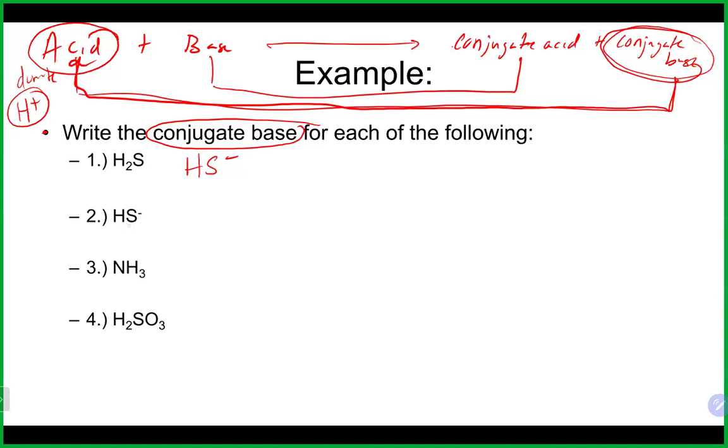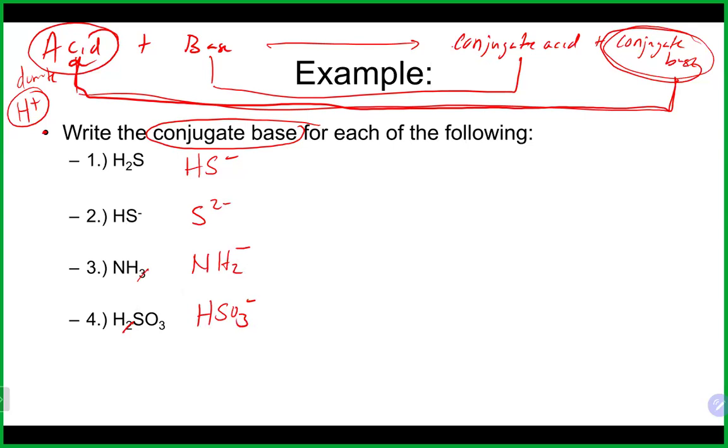Here we're going to lose an H, which leaves us an S, and we do become one more positive, not one more negative, which would then bring us to S2 minus. Here we're going to lose an H. That leaves us two H's still there. And again, it was neutral, so we'll become one more negative. And lastly, here we'll lose one of the H's there, HSO3, and once again, we will become one more negative.